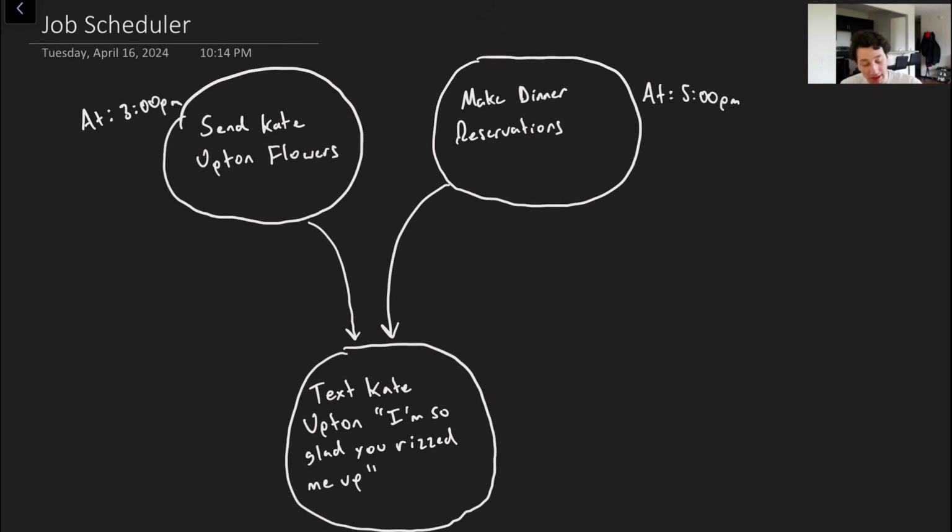What that might look like is this lovely oblong structure right here, where you have a 3 p.m. cron job, another 5 p.m. cron job, and then once those both run successfully, you can run this node over here because it depends on the execution of both of them. So the whole point of the DAG is that it is acyclic, meaning once one node finishes and another node finishes, eventually we can complete the whole thing. You're not running in an infinite loop. There is a completion process here.